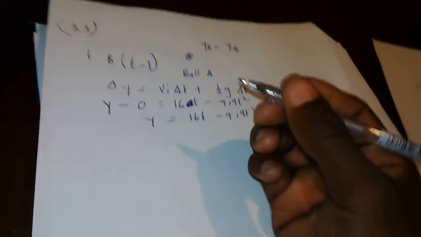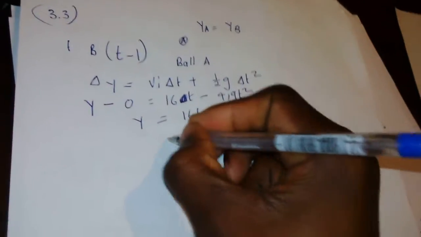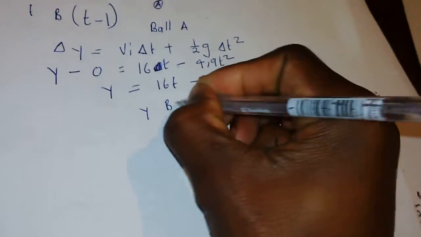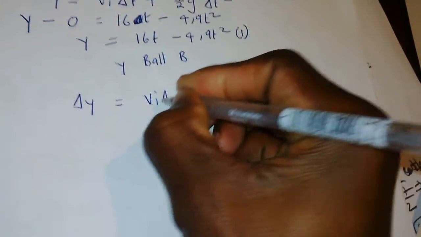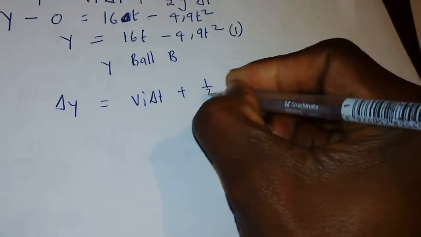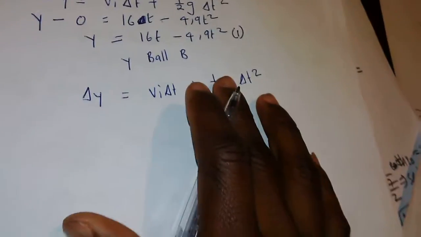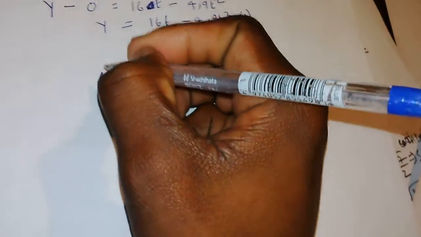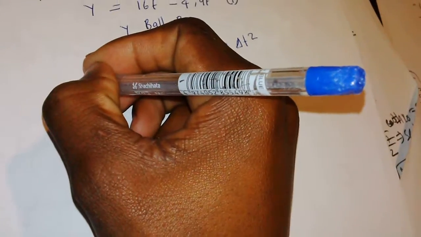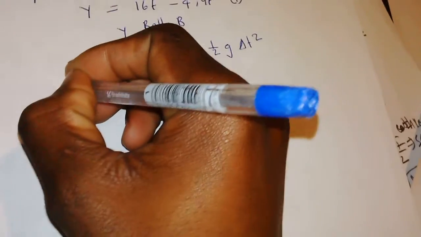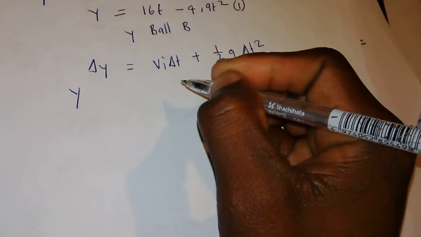Now let's calculate y for ball B. This is a challenging one. You still use the same equation, delta y is equal to vi delta t plus half g delta t squared. The final position of this ball will be y, right?